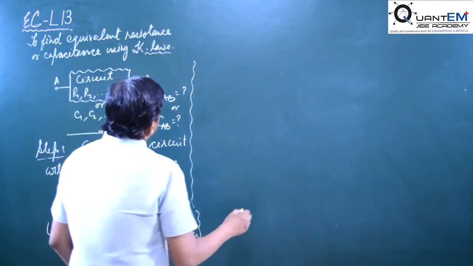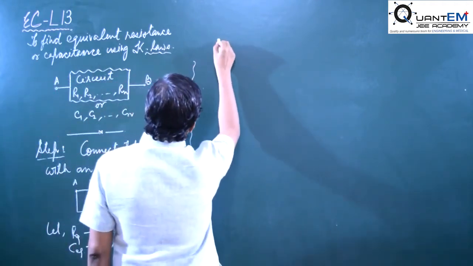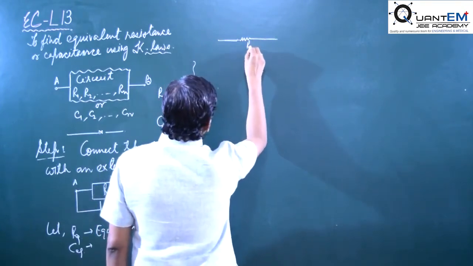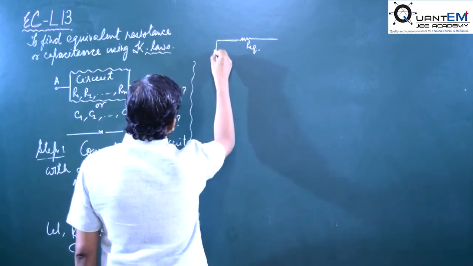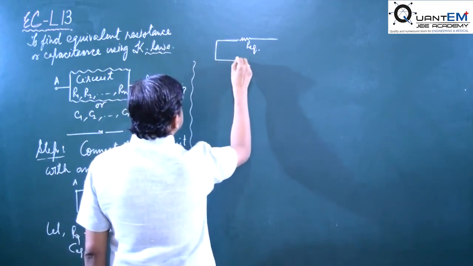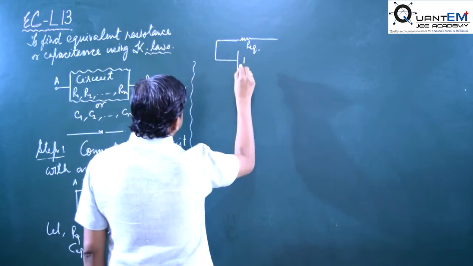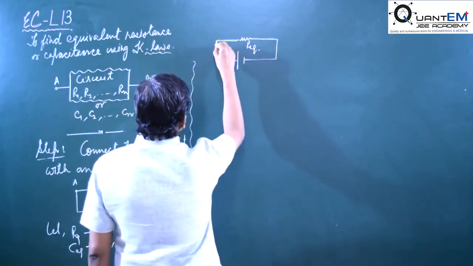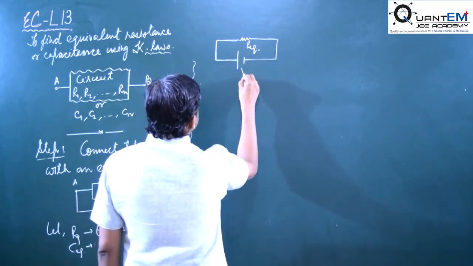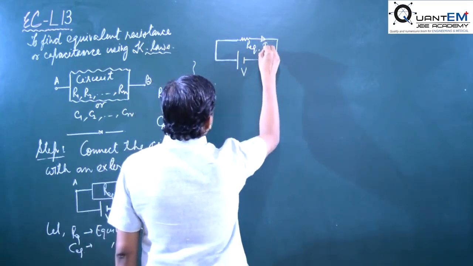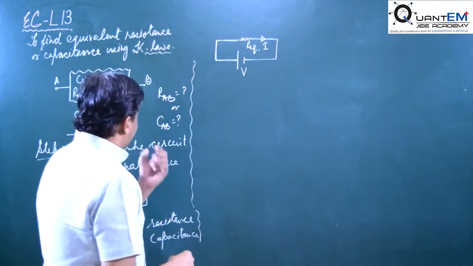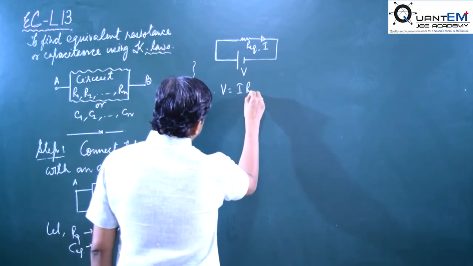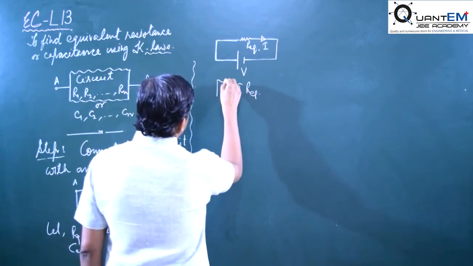Now see, if the equivalent resistance of this circuit is R equivalent and the supply we have is V, and the current flowing through the circuit is I, so we have V is equal to I into R equivalent.